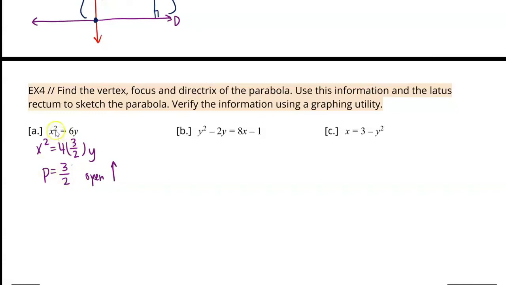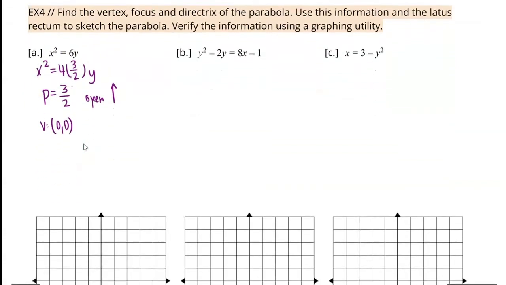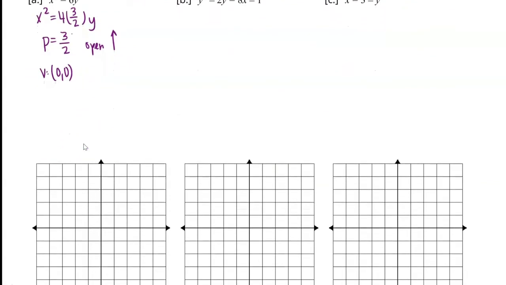Also, because there's nothing subtracted from x or y, our vertex is going to be at the origin. And we can get our focus and our directrix from this information. So our vertex is at 0, 0. Our p-value is 3/2, which means the focus is going to be 1.5 units above, and the directrix will be 1.5 units below.